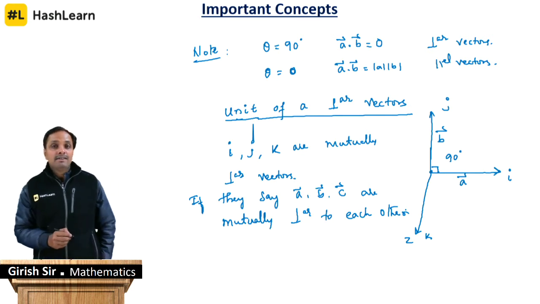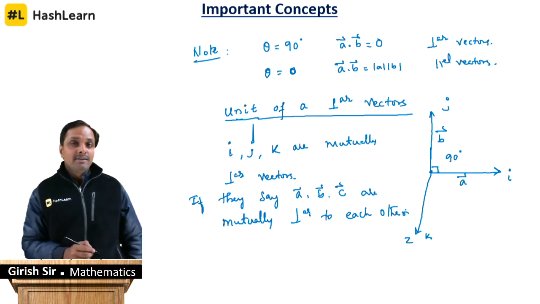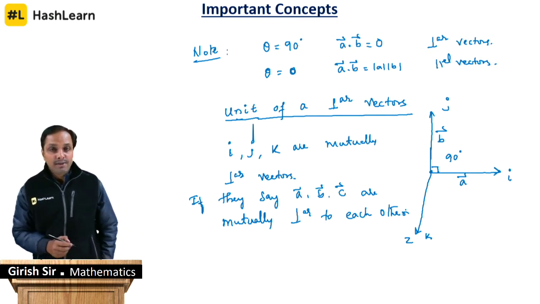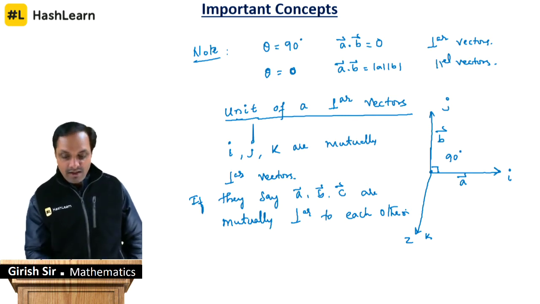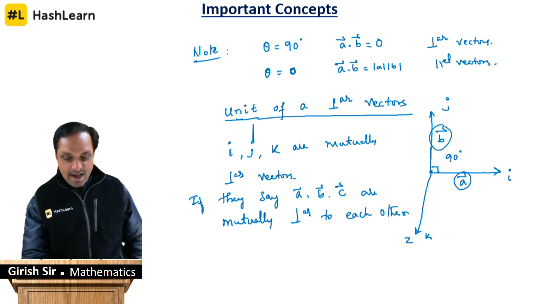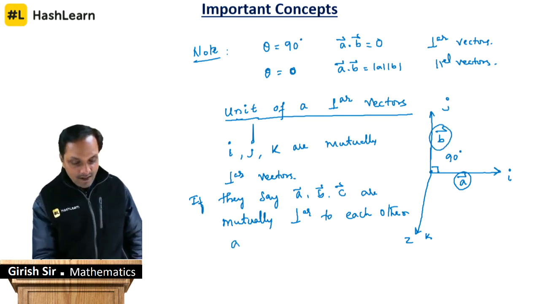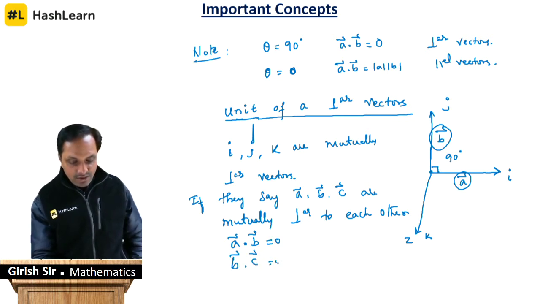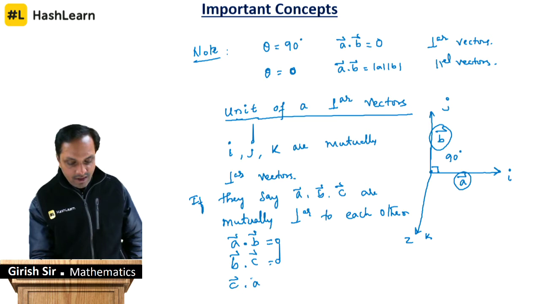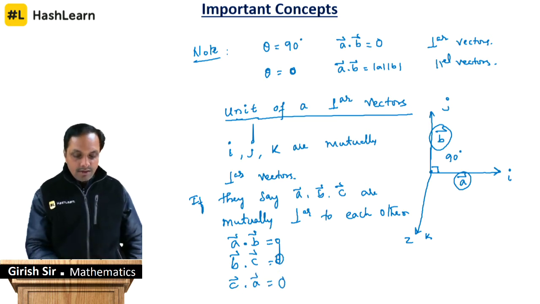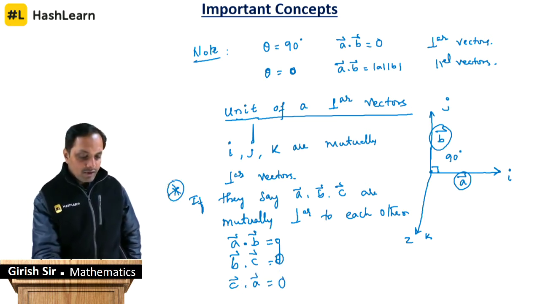If they say the three vectors A, B, C are mutually perpendicular to each other, what does it mean? If I treat this as I, this as J, they are perpendicular to each other, which means A dot B is equal to 0, B dot C is equal to 0, C dot A is also equal to 0. So this is one most important note which you all should remember.